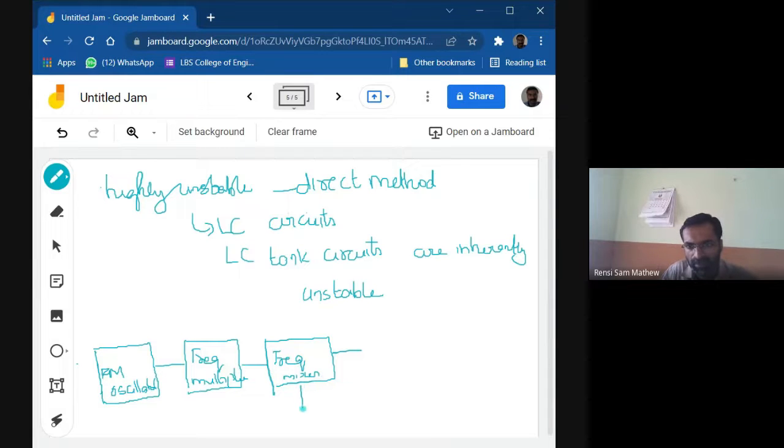Mixers means you have to use local oscillators. Multiplication means you are multiplying the frequency by n times, but frequency mixing means you are going to add a particular frequency. Let me tell it like this.